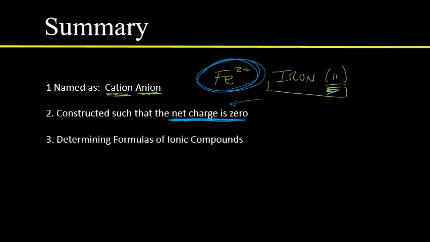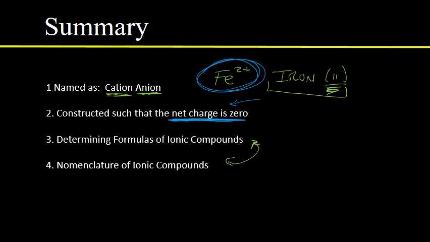And then we use those rules to determine the formulas of ionic compounds based on the name, and going the other direction, figuring out the name of ionic compounds based on the formula. And it's important to be able to do both of those, to be able to go in either direction.